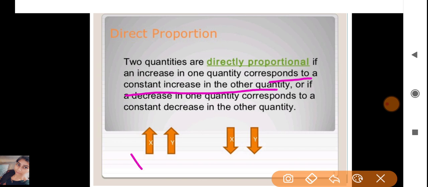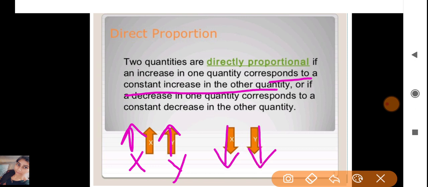I have given you one example, x and y. If x is increasing, y is also increasing. If x is decreasing, y is also decreasing. In such cases, when one quantity is increasing, the other is also increasing, and if one is decreasing, the other is also decreasing, then we can say that they are directly proportional to each other.